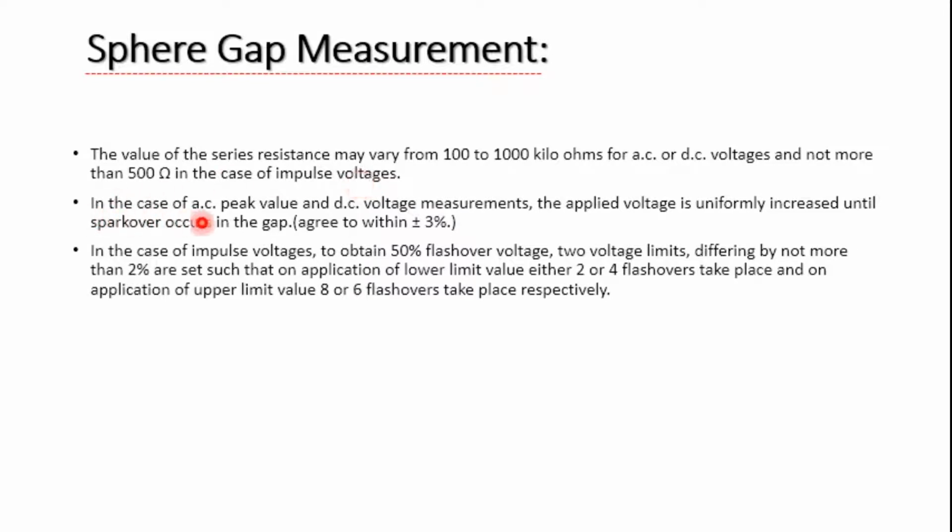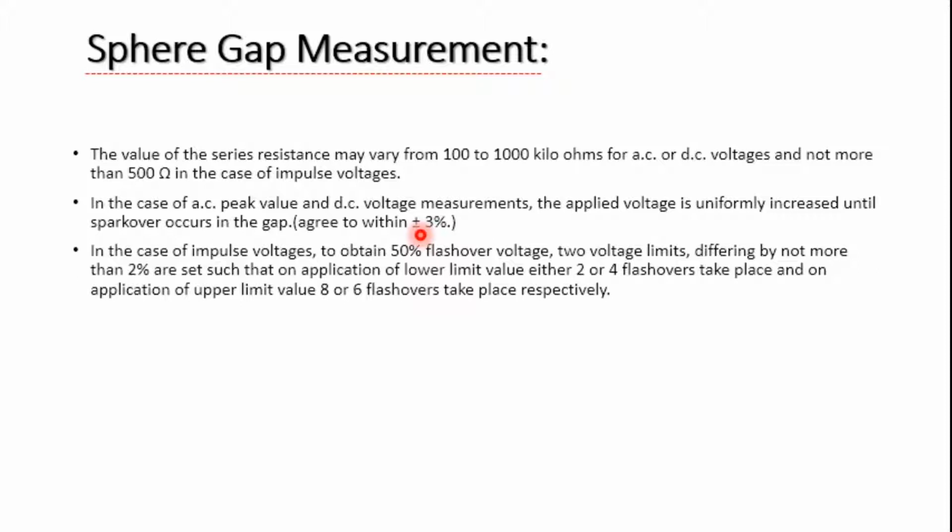In the case of AC peak value and DC measurement, the applied voltage is uniformly increased until spark over occurs in the gap. This agrees within plus or minus 3%. This means that when we are operating the system, we should not vary the voltage abruptly. We have to vary the autotransformer in a linear way.